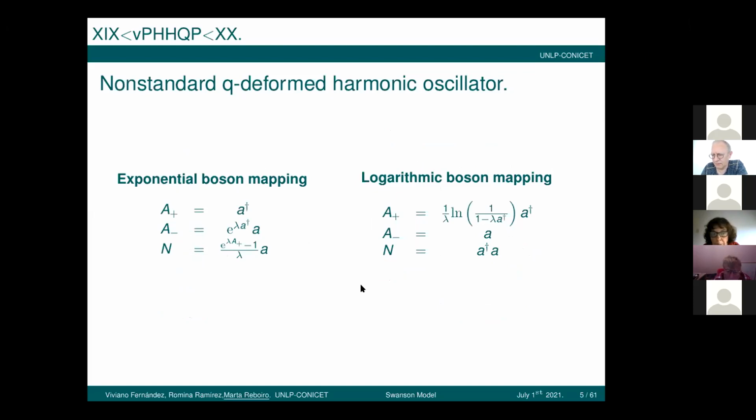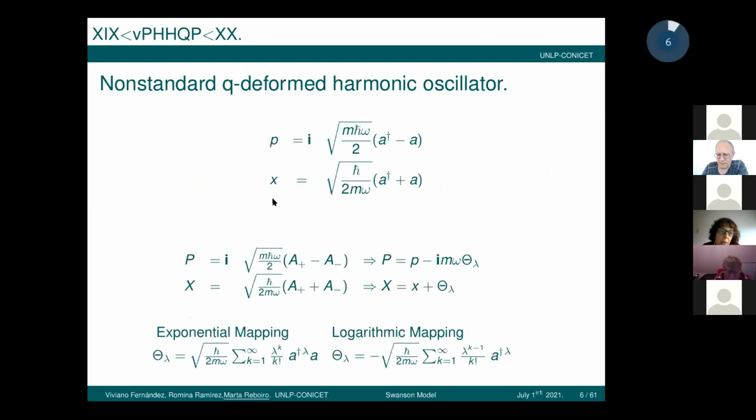Obviously, both mappings preserve the original algebra, and then we introduce, in analogy with a standard oscillator, the operators P and X in terms of the new A plus and A minus, and relate them to the original ones.